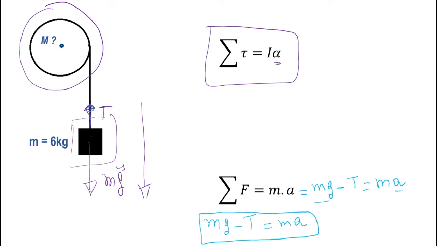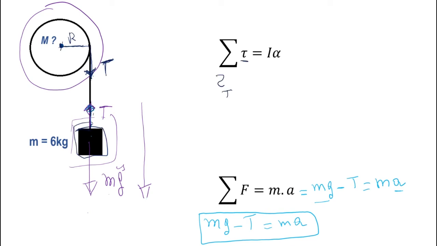Now I go to the pulley. How many forces are rotating this pulley? In this case, we will have just the torque provided by the tension, which equals the moment of inertia of the pulley times its angular acceleration. The torque of tension will be just this tension times the shortest distance from the rotation point to where the tension is applied, which is this radius.